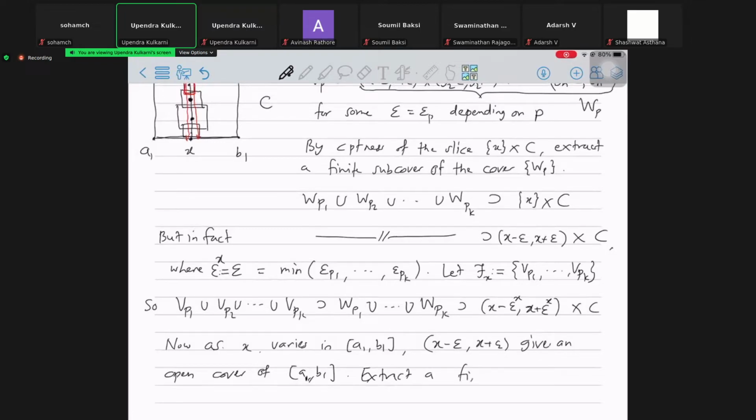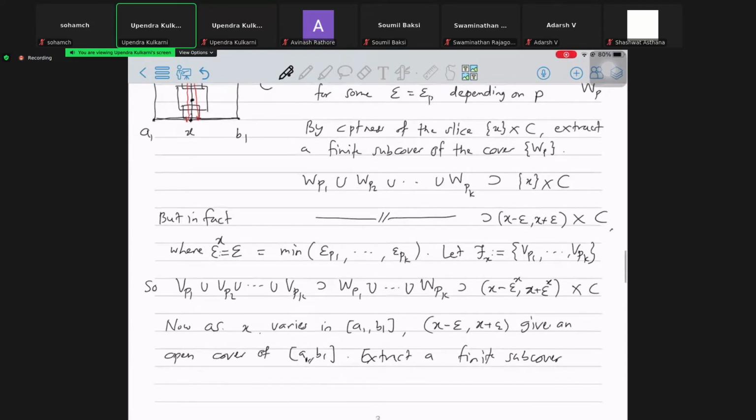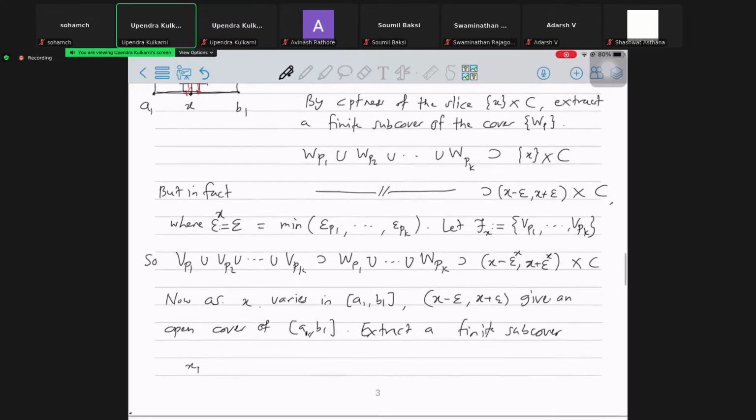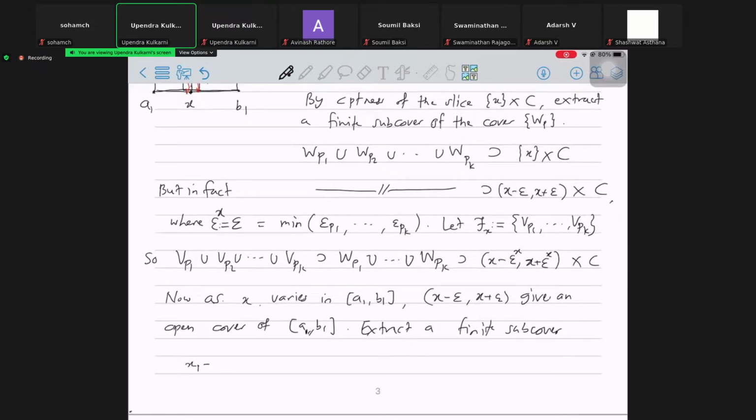Extract a finite subcover by compactness of the closed interval. And let's call this X1. Oops, okay, we are out of time. Let me just try to finish quickly.